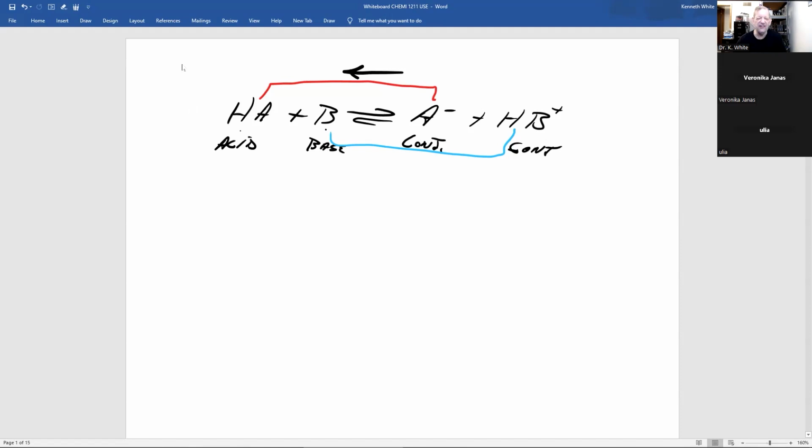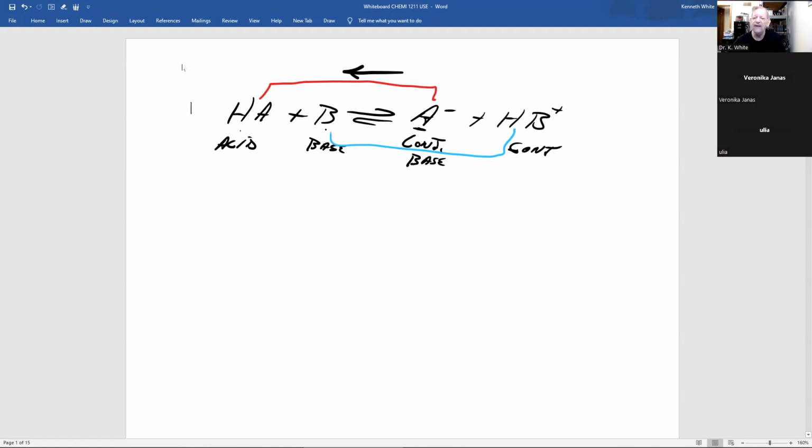But anyways, when you go this way, A minus, does it accept a proton, hydrogen, or donate it? Goes from A minus to HA. It's accepted a proton. Therefore, A minus is a base, and it's on the right. It's the conjugate base of HA, A minus.